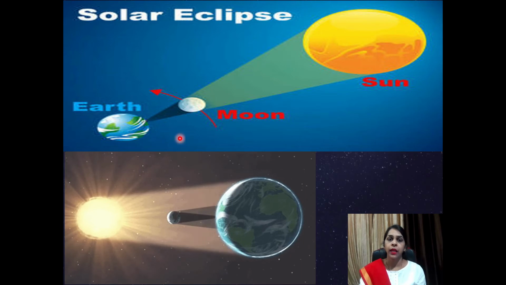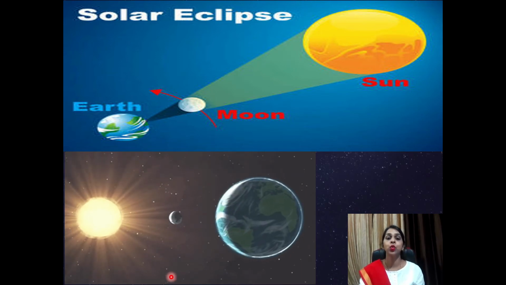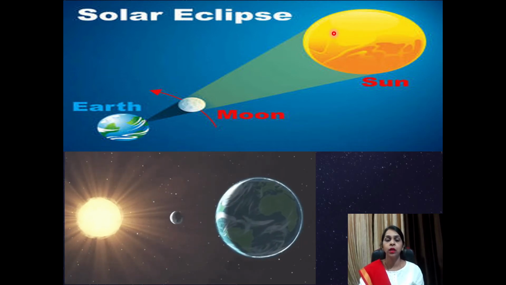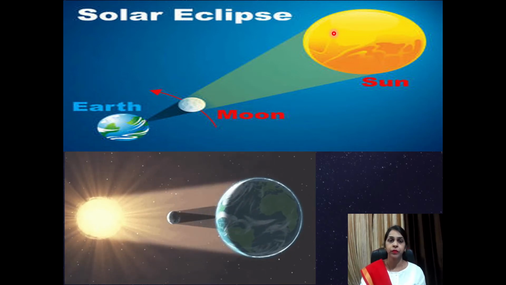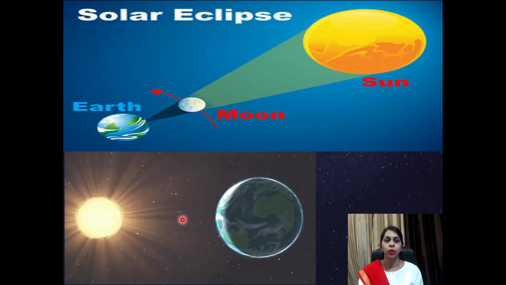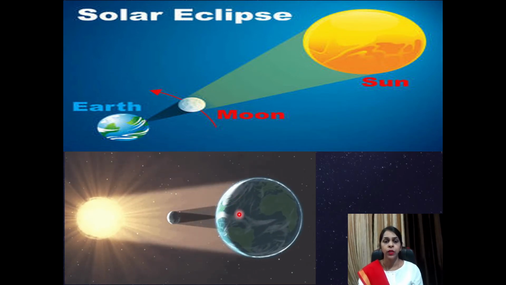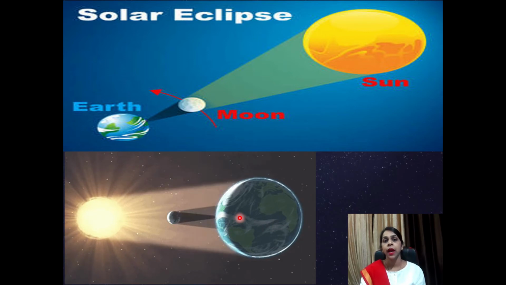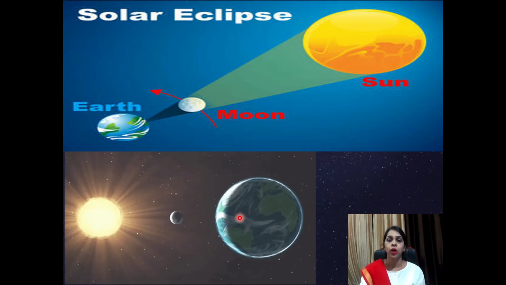In the second image, we can see 2 types of solar eclipse: total, and second is the partial. We can see the first shadow of the moon is dark. That is the total solar eclipse. And the second shadow is the lighter shadow.